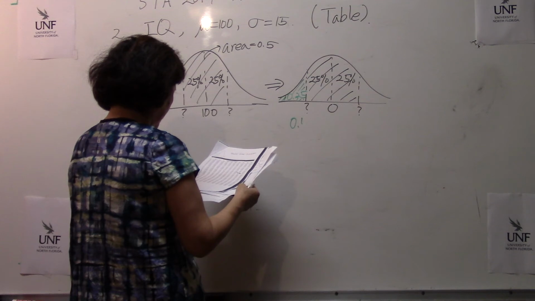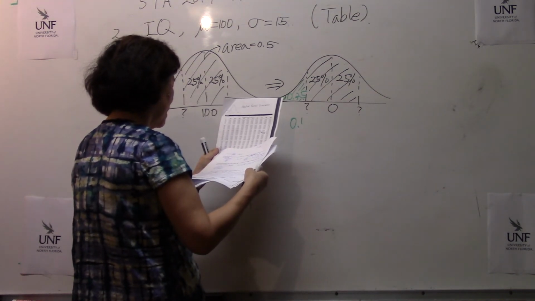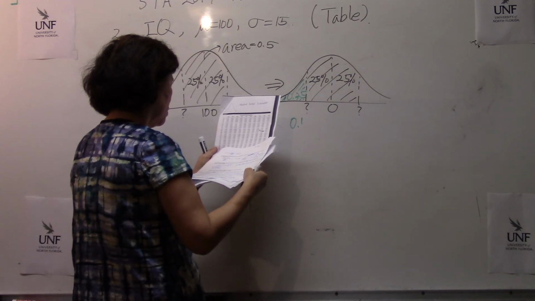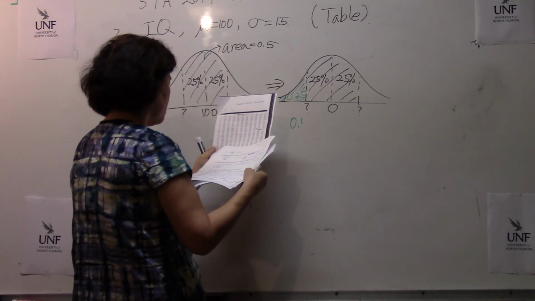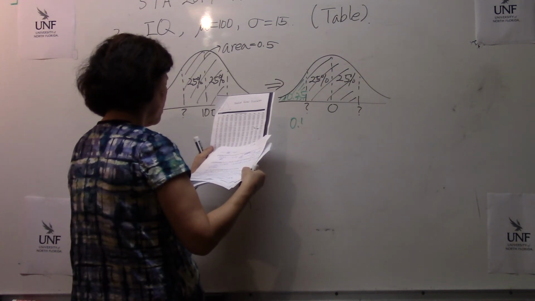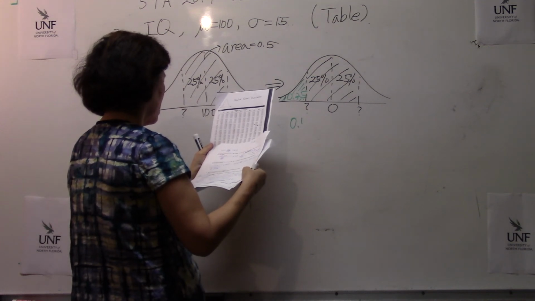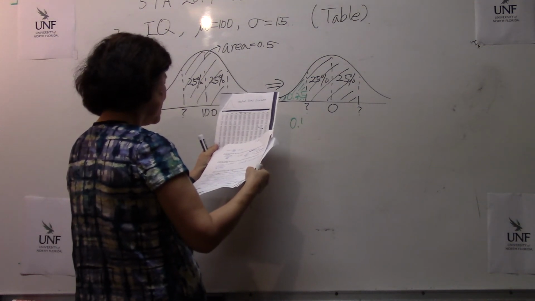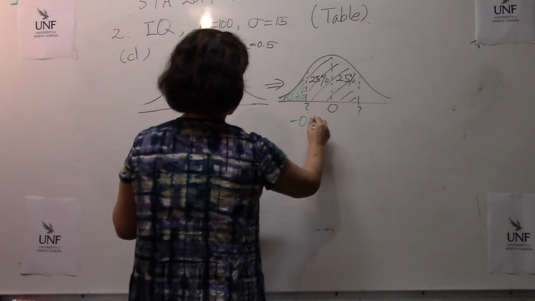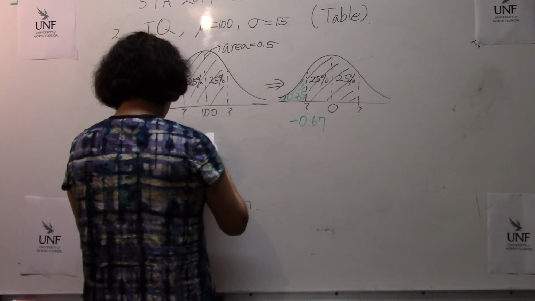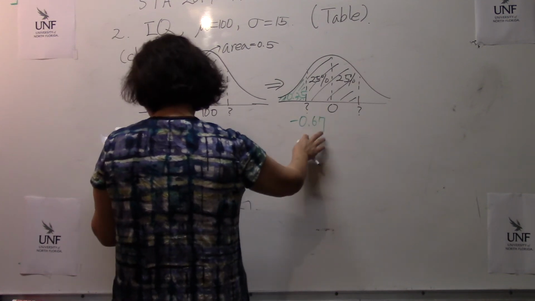So area is, yes, over here. Area is 0.25, which is closest to negative 0.67. So negative 0.67.